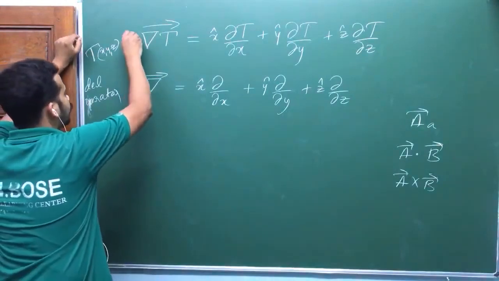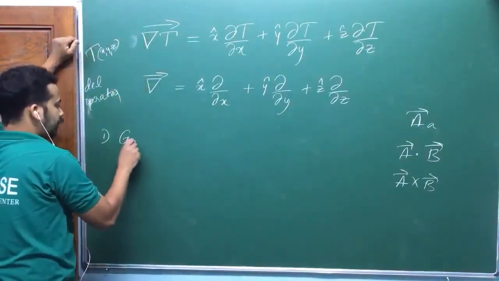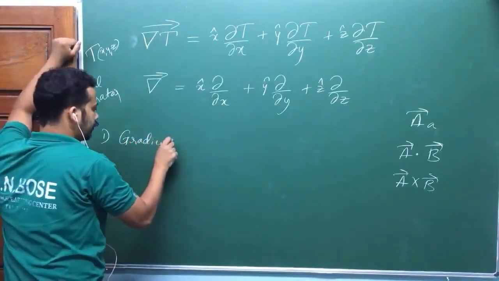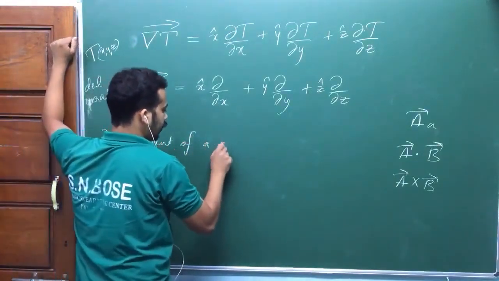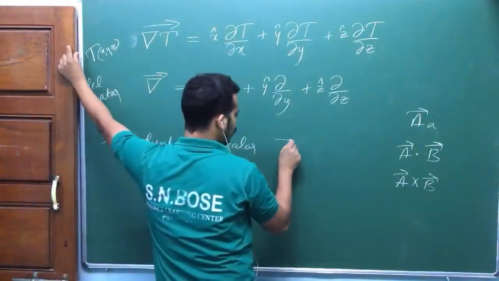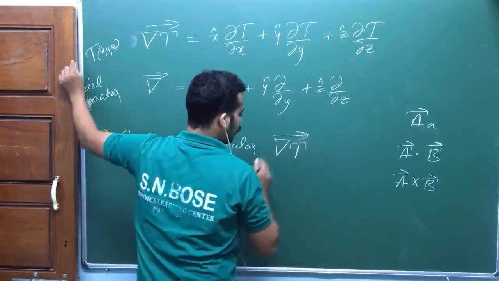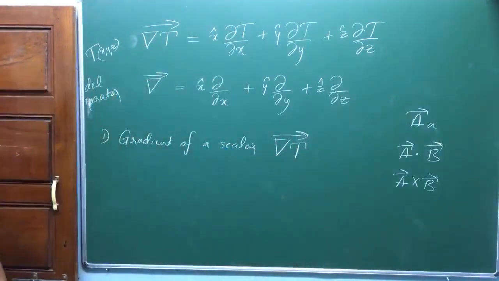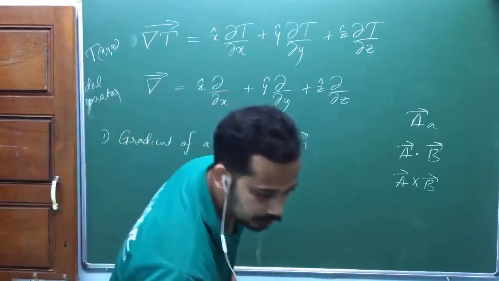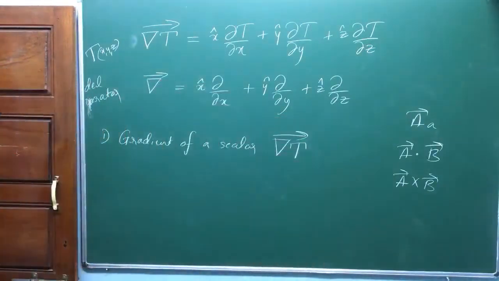Let me list it here. So, gradient of a scalar. If you have a del operator, you can do an operation on a scalar. You can find the gradient of a scalar, which is a vector actually. First one.